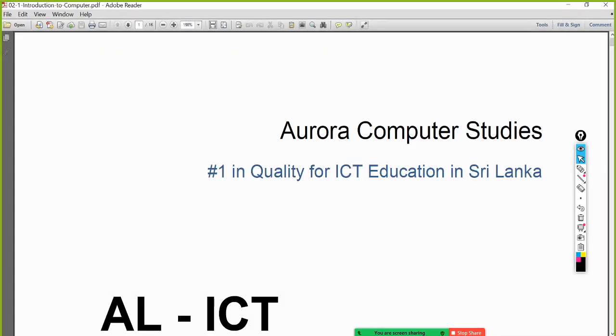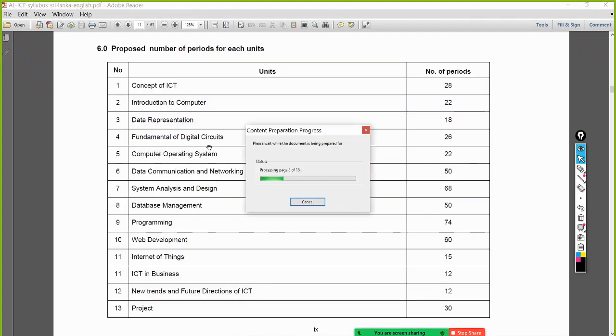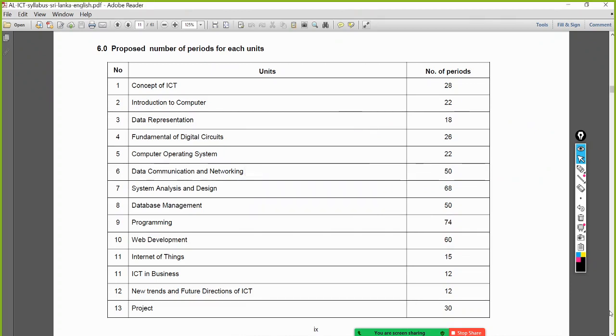Okay, right. So your second topic is introduction to computers. At the beginning of the topic, I will just show you what you are supposed to know, because when the examiner prepares the exam, he always refers to the syllabus. He has the syllabus on the left-hand side and is preparing the paper.